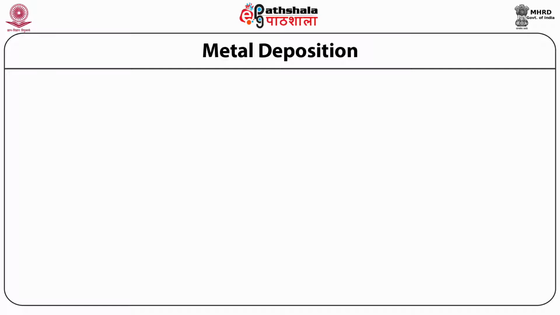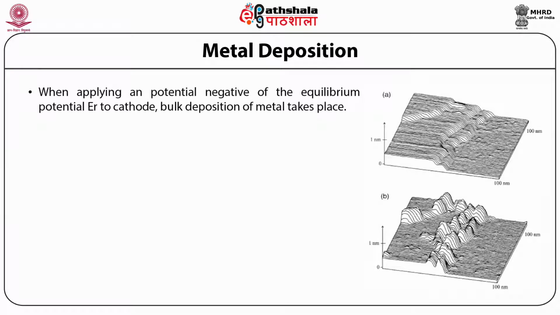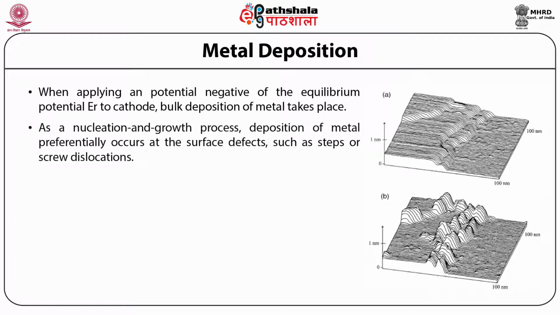Metal deposition. On applying a potential negative to the equilibrium potential, E_r, to the cathode, bulk deposition of metal takes place. As a nucleation and growth process, deposition of metal preferentially occurs at surface defects, such as steps or screw dislocations.